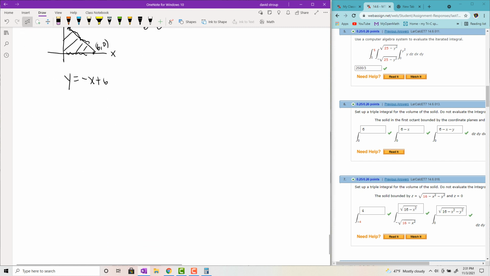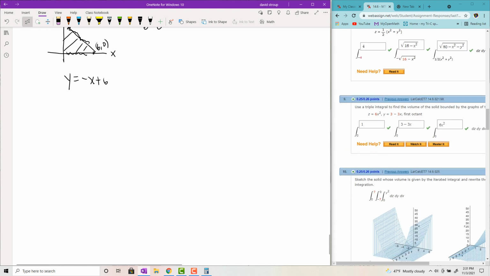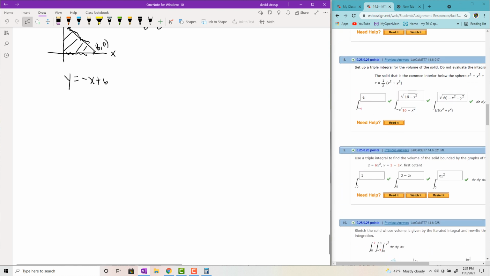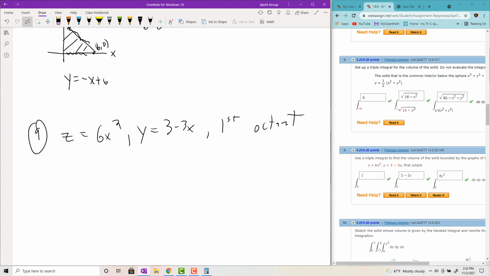Let's look at one more that's a little more complicated. So number 9. Use a triple integral to find the volume of the solid bounded by the graphs. So our graphs are z equals 6x squared, y equals 3 minus 3x, and it's in the first octant. Okay, so in the zx plane, it's just going to be a parabola, so you can kind of draw that in.